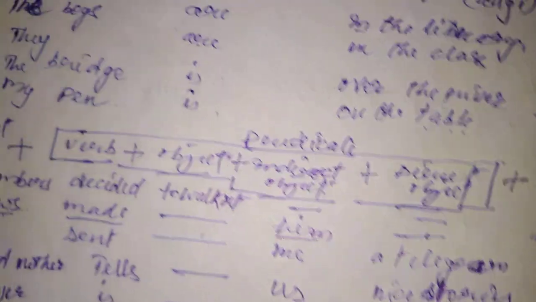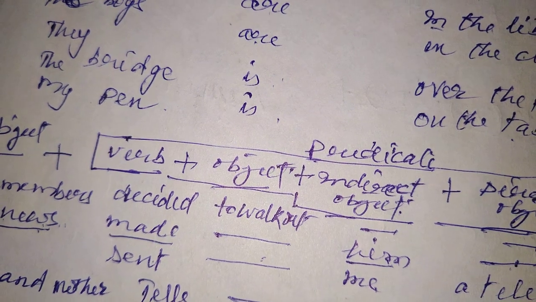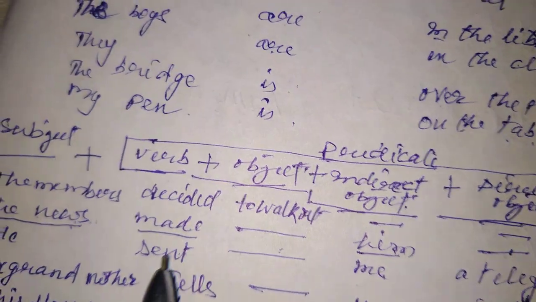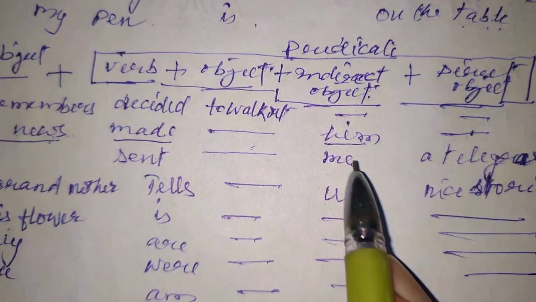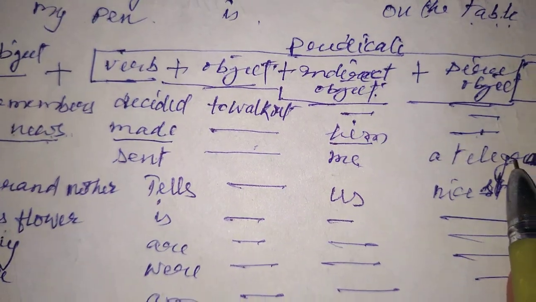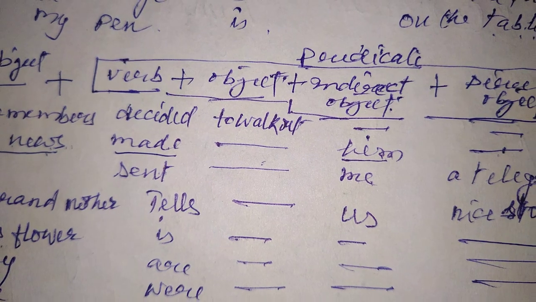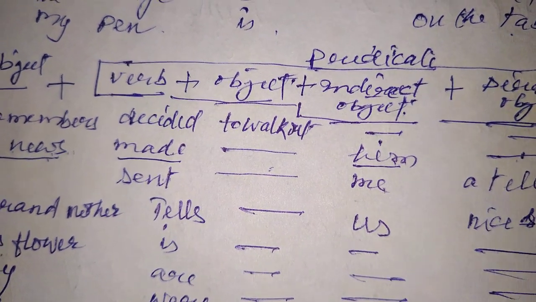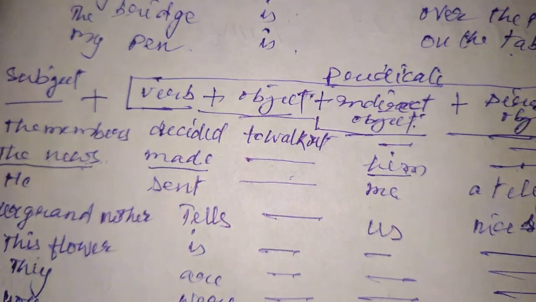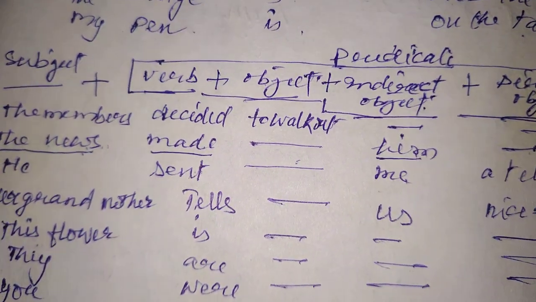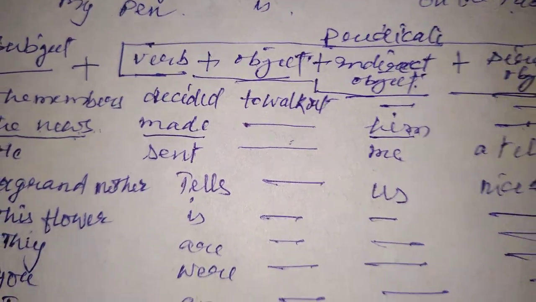Sorry, this is wrong. We have switched to the wrong line. A telegram is the direct object, and complement is missing here. It is not there. Okay, so things could be omitted also.